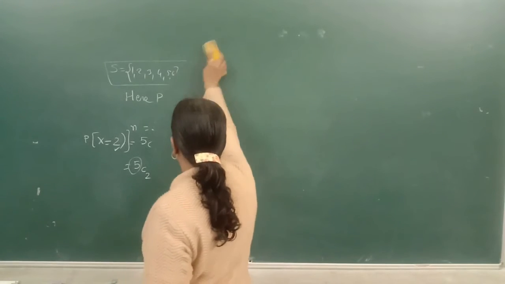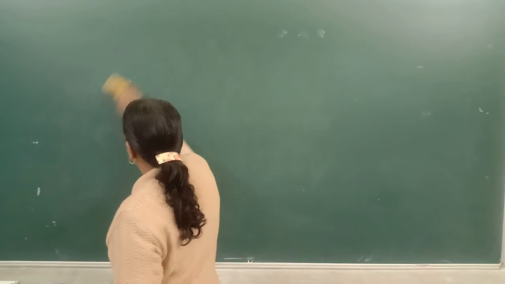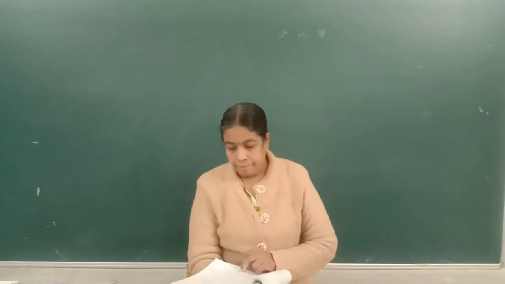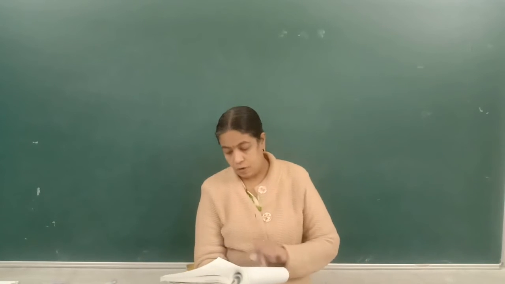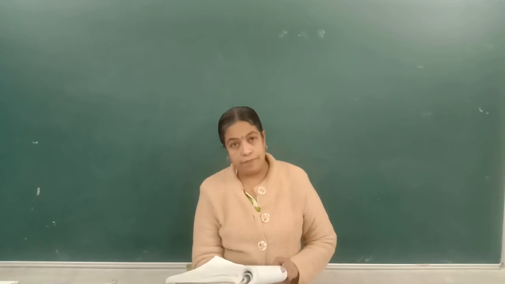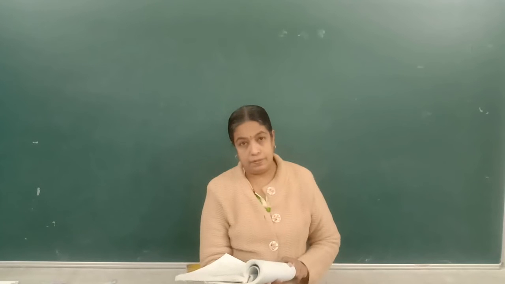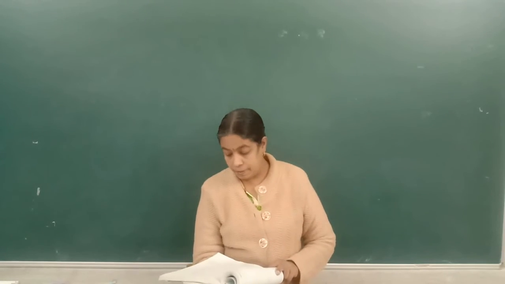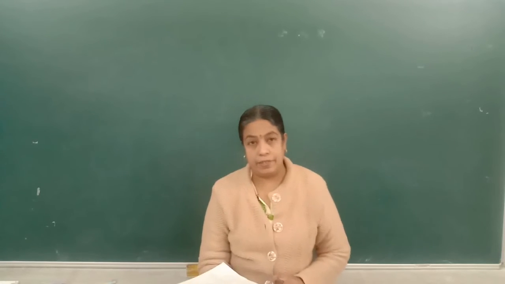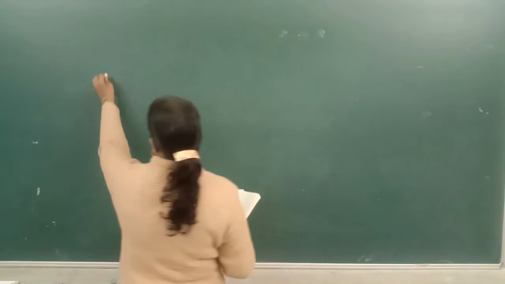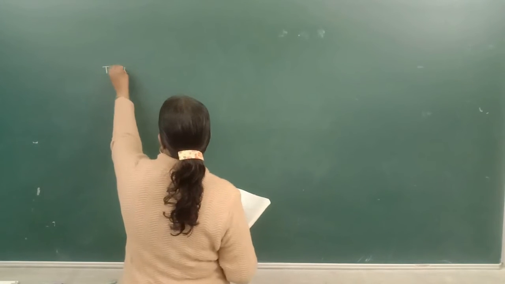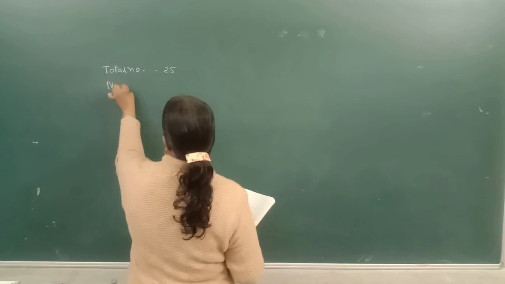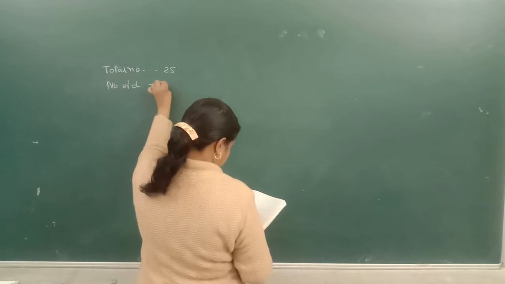Next sum. Now see. From a lot of 25 bulbs, how many bulbs are there in total? 25 bulbs, of which 5 are defective. Total number of bulbs is 25, number of defective bulbs is 5.